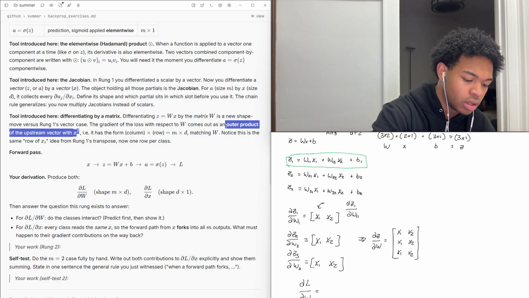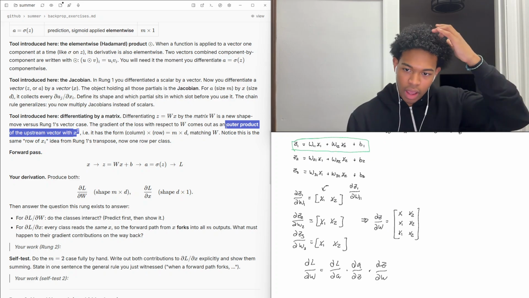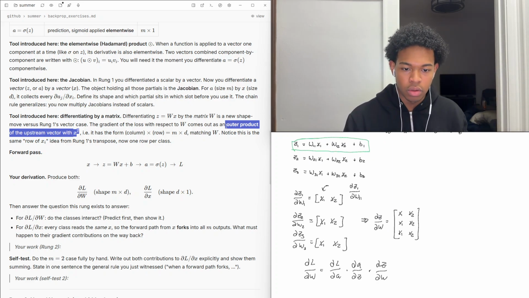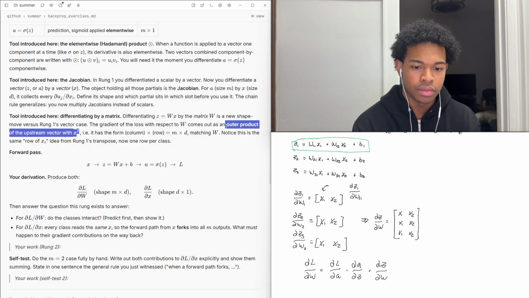It's the partial of L with respect to A times the partial of A with respect to Z times the partial of Z with respect to W. So we're not done. We don't have the partial of W, but what's the partial of A with respect to Z? That's sigmoid.